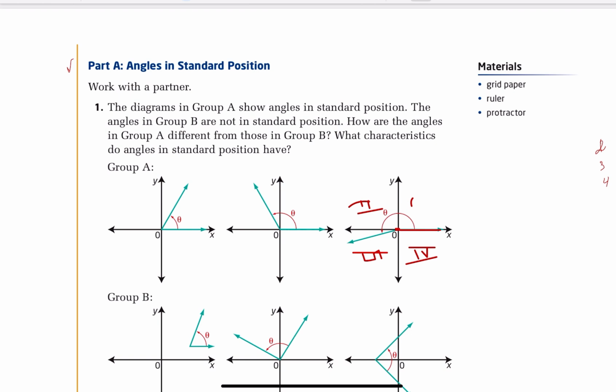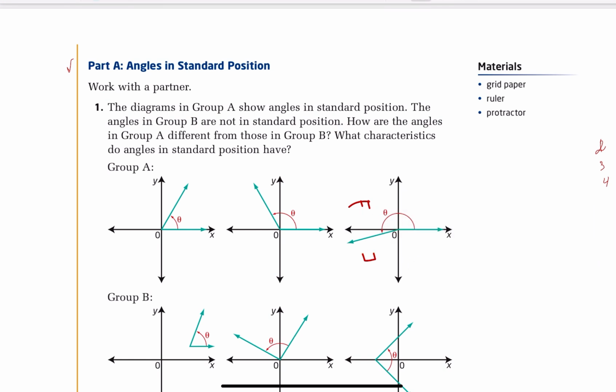The two arms must have the same origin point, and it has a starting point and goes all the way over here, so we can say this is a standard position.